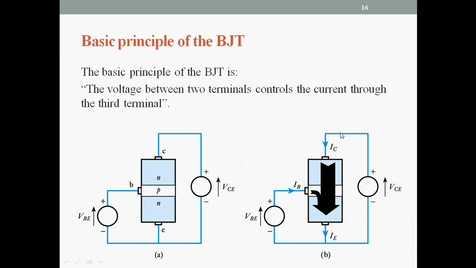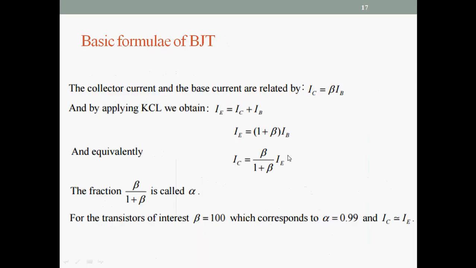The same thing is here, IE is equal to IC plus IB. IE is equal to 1 plus beta IB, and equivalently from these two relations we can define IC is equal to beta divided by 1 plus beta into IE.